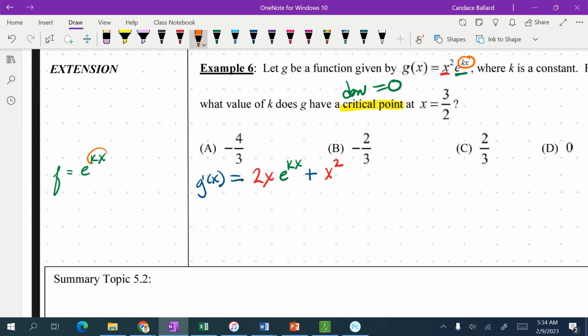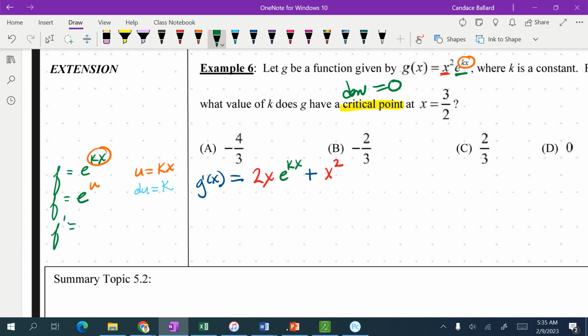All right, we know that we've got a chain rule present, so your u part of the chain rule is going to be kx, which means that du is equal to just k, because k is acting like a number. It's acting like a 3. And then we're going to go back to our original here, and we're going to go e to the u and take the derivative of that.